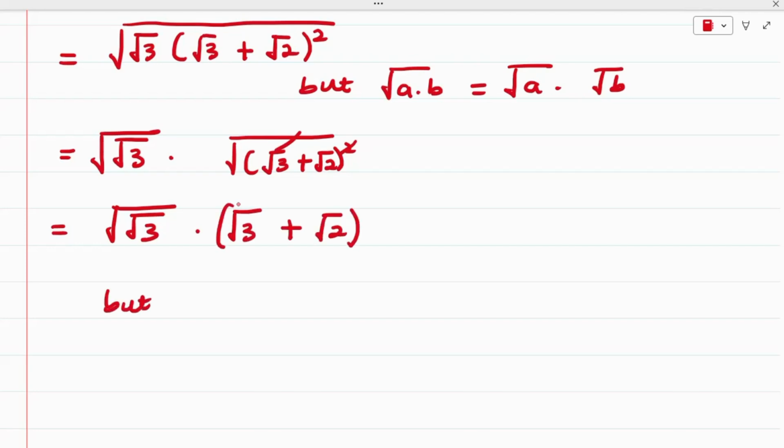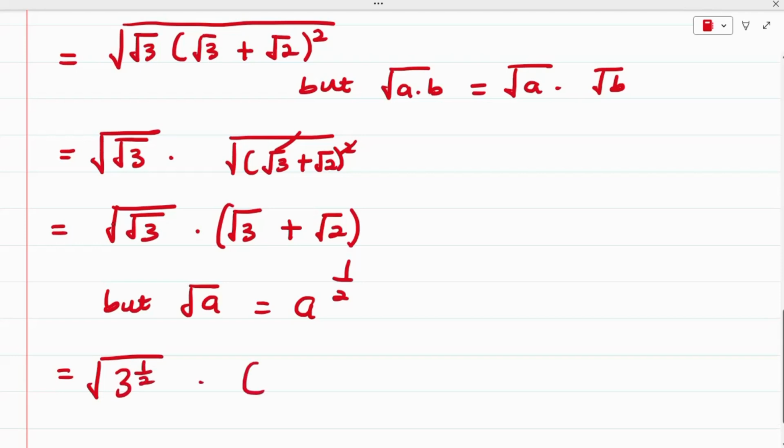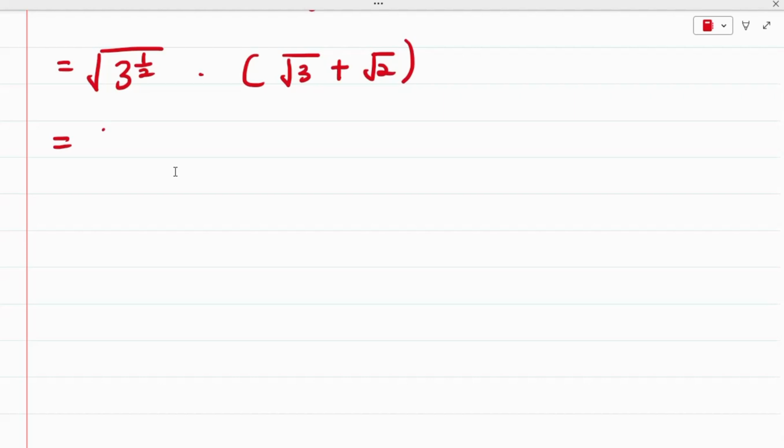But we know that the square root of a is equal to a raised to the power of 1 over 2, right? So we have 3 raised to the power of 1 over 2, raised to the power of 1 over 2, multiplied by the square root of 3 plus the square root of 2.